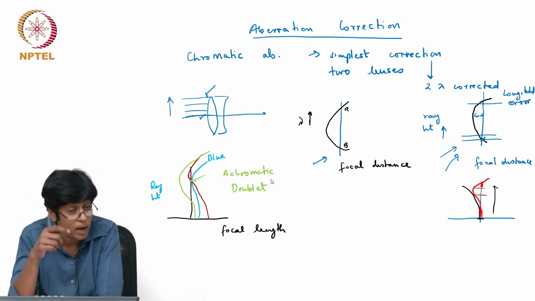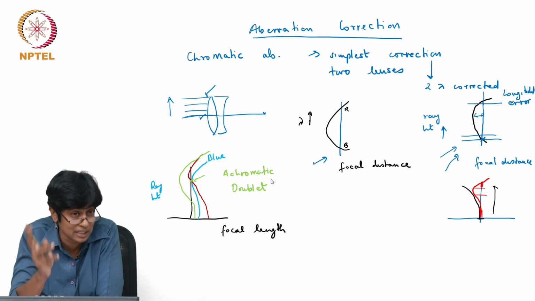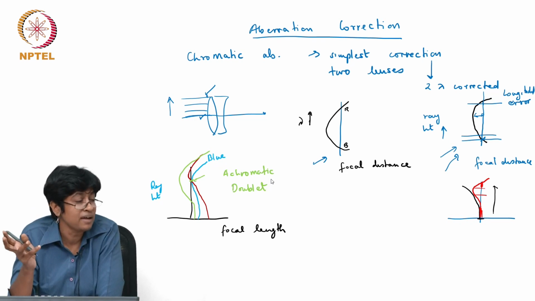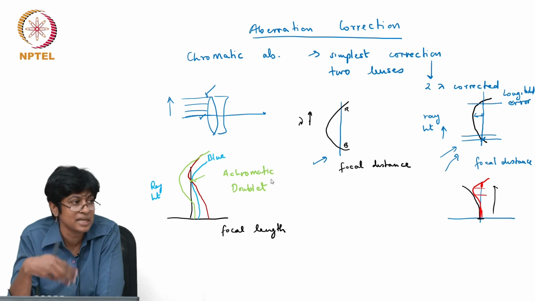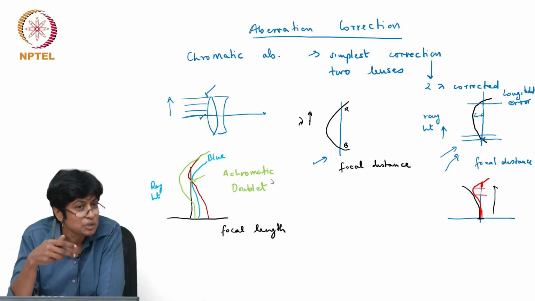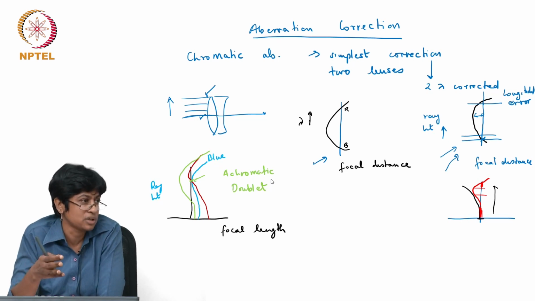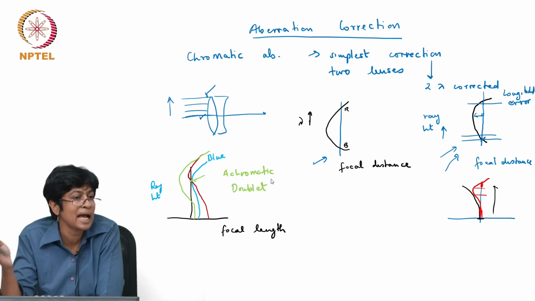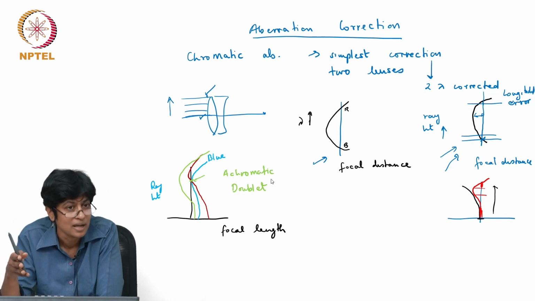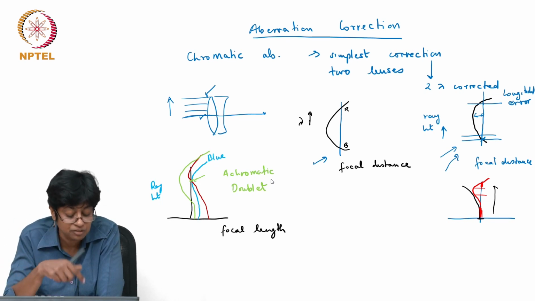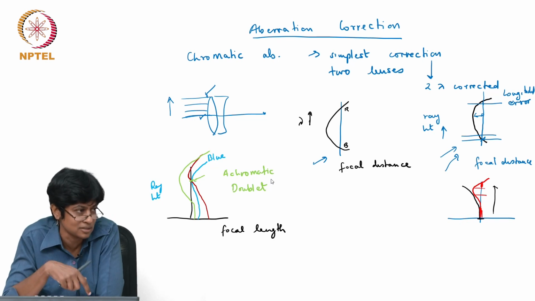While you achieve correction for two wavelengths for one annular zone of the lens, you haven't achieved correction anywhere else or for any other wavelength, and that may not at all be acceptable for your application. In that case, you know that a doublet isn't going to work for you. You're going to have to add more lenses into the system with their spacers and use all of that to achieve much better correction than this. Okay?